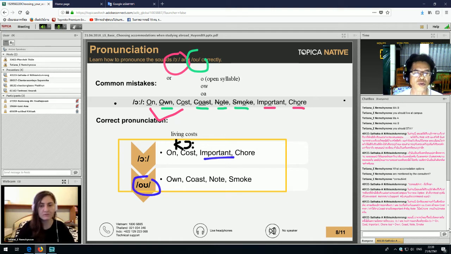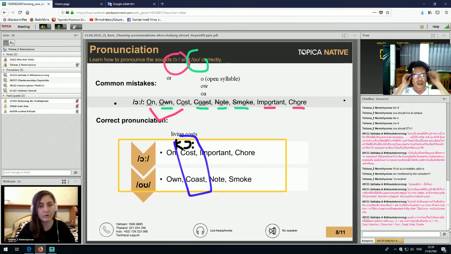And let's read this sound as well. O, O, on, own. Oh, yeah. Please read this word. Cost, horse, cost, host. What is the difference between these two words? The long O and the diphthong O. Please read these two words.